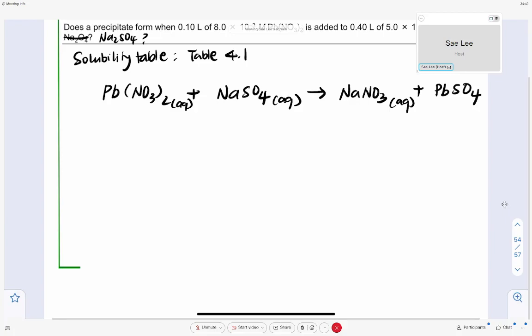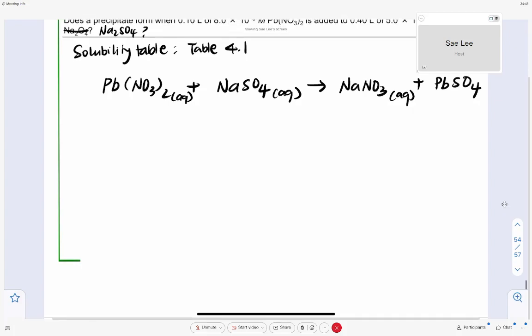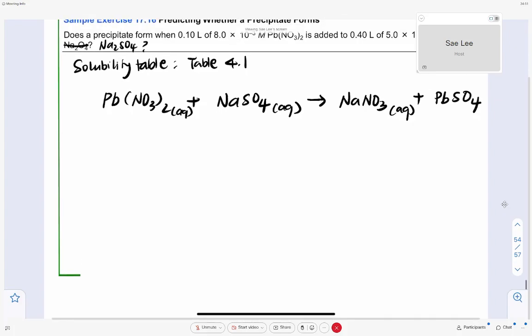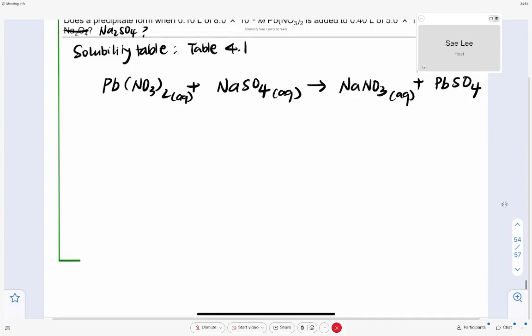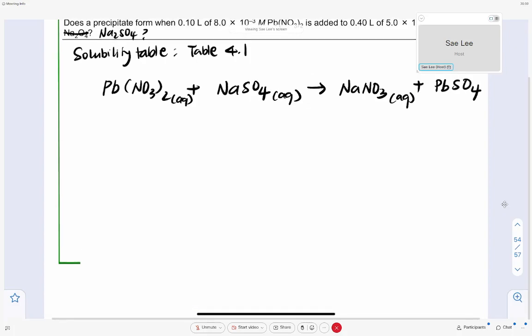In order to determine whether a precipitate of lead sulfate will form or not, we need to compare Q versus KSP.